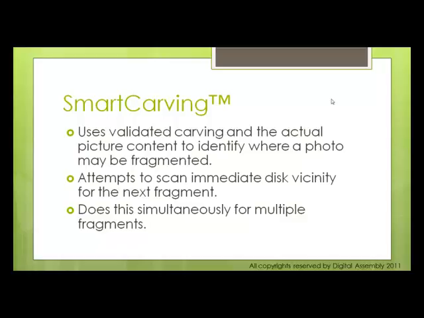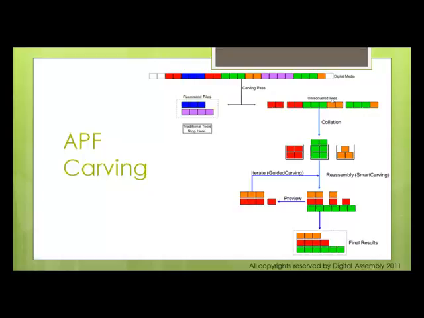And it uses validated carving and actual photo content to identify where the image may be fragmented, and it looks around for the next fragment, and it does this to a lot of different images, a lot of different sectors all at the same time, and that's kind of the magic behind smart carving.